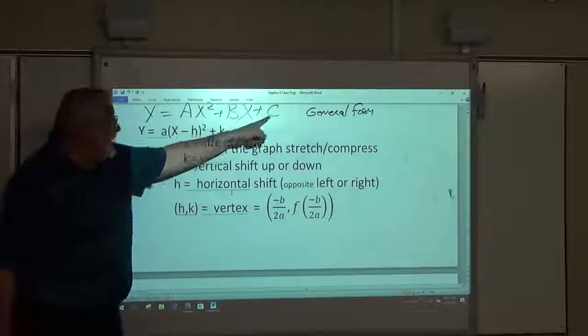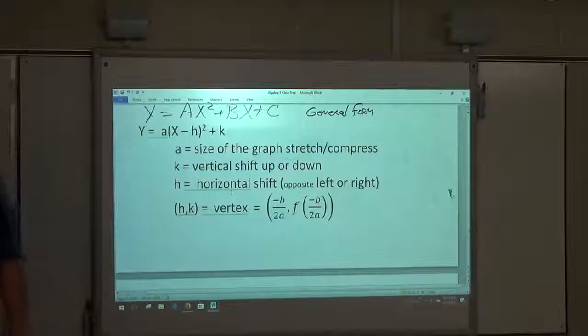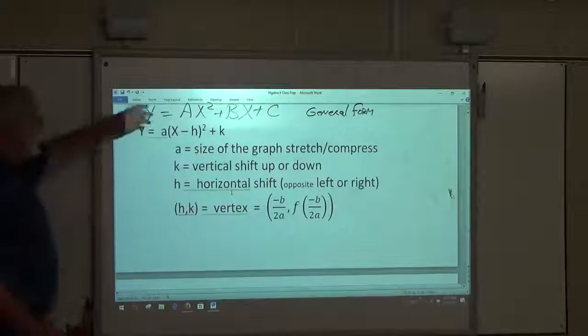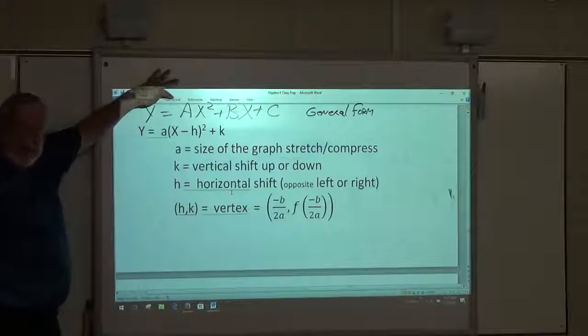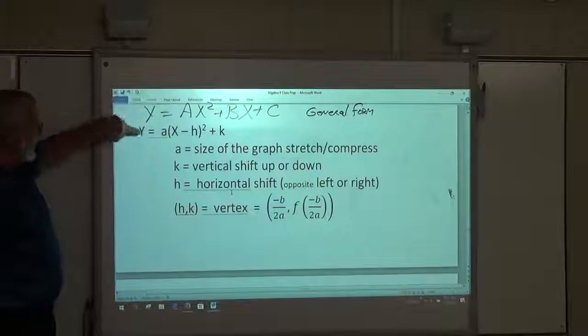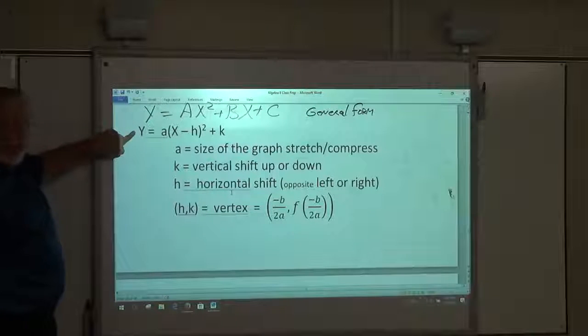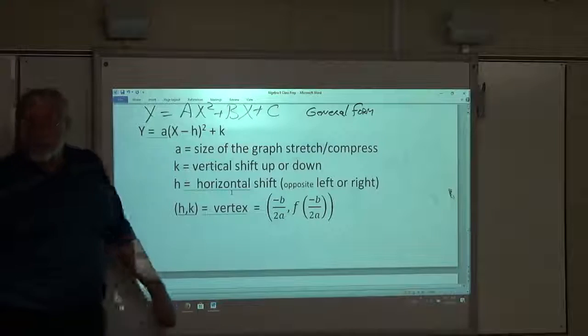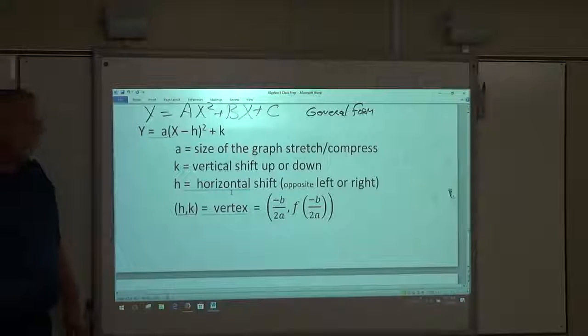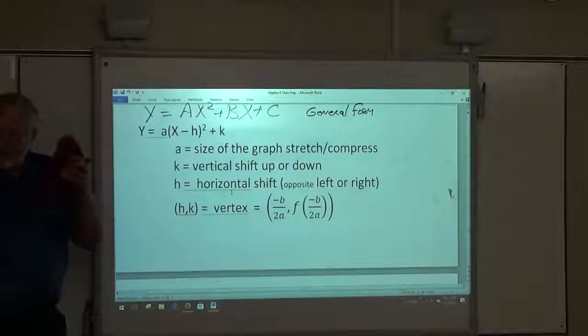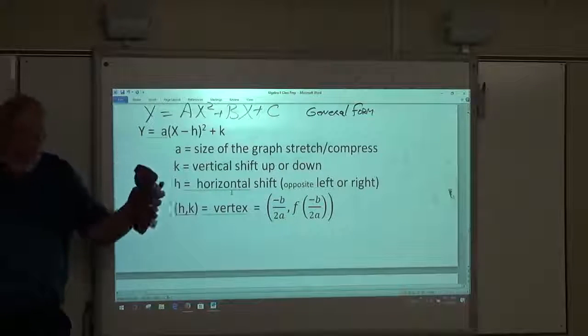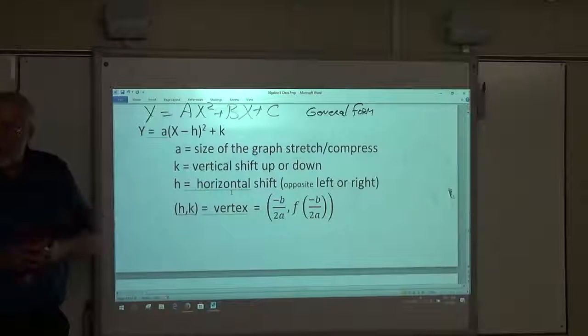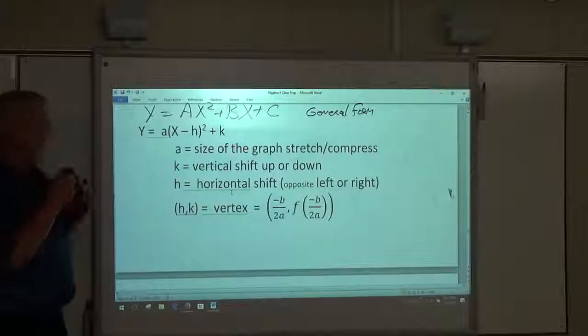And that would become my k instead of my c. Right? So what we learned in completing the square, starting with this, we ended up with a form like this, which is called the vertex form. Right? Yeah. That sort of gets those things that we've done and puts them into perspective on how they work.